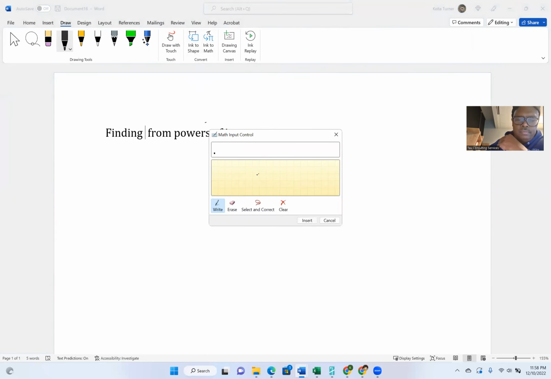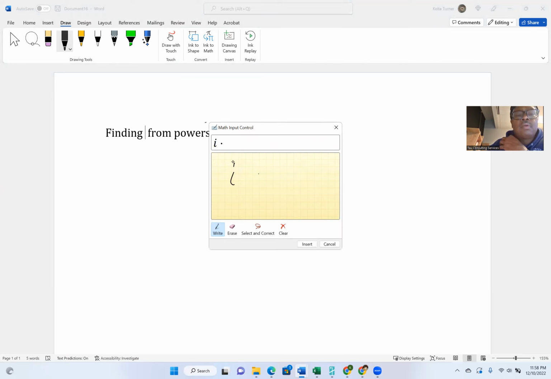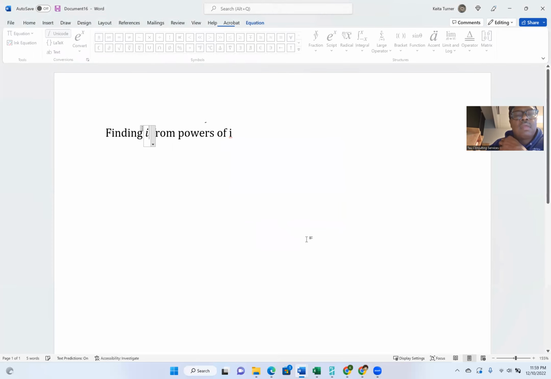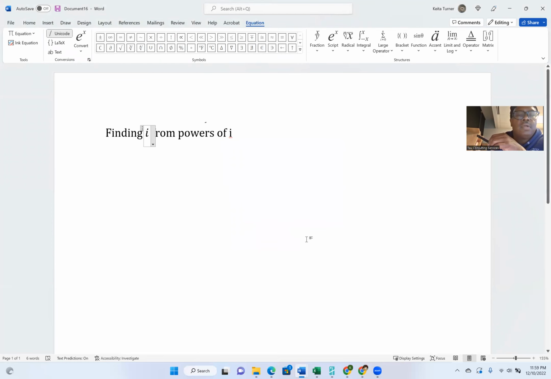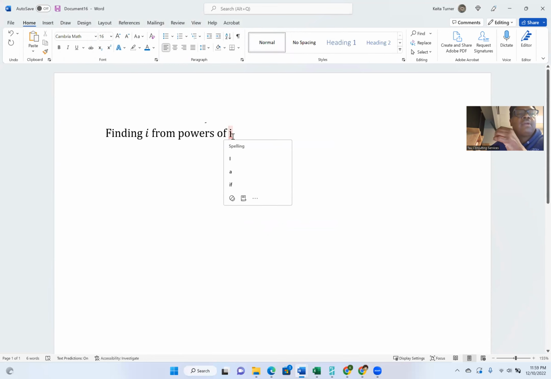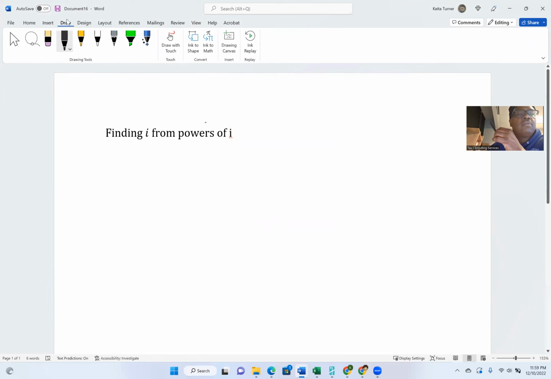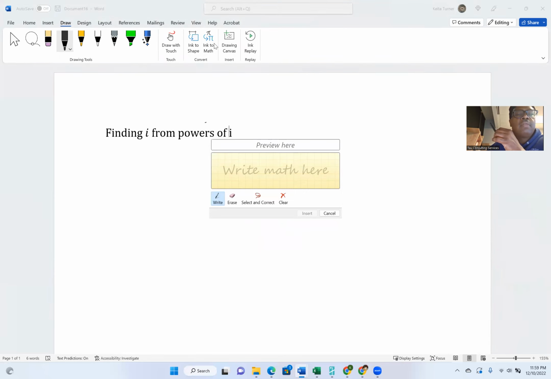All right, let me see what comes. There we go, that looks good. Is there an i up in the symbols? I couldn't find these symbols earlier. I don't know where they were at, but I couldn't find them. Okay, I can't find it. I'll worry about it later. All right, let me go back to insert, draw. There you go, ink to math.